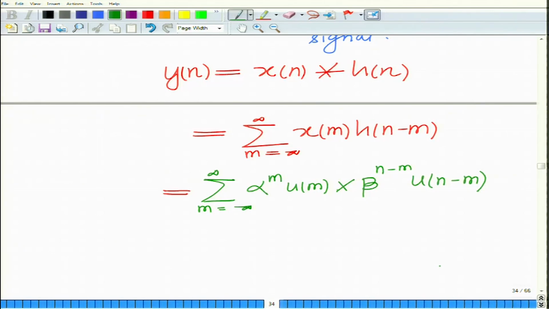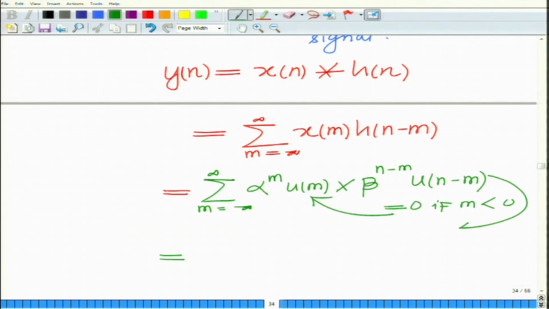Now recall that u m is equal to 1 if m is greater than or equal to 0, and equal to 0 if m is less than 0.